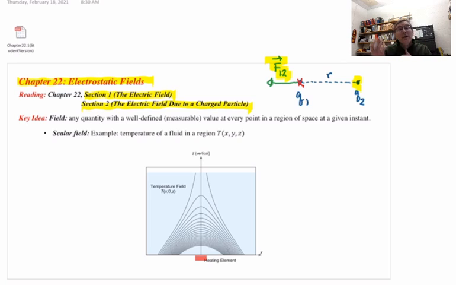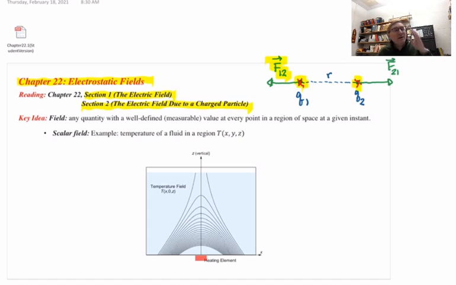And of course, it goes the other way too. Particle 1, by virtue of it having charge, creates an electrostatic field in all of space around it, including at the location where particle 2 happens to be. And particle 2, therefore, is immersed in the electrostatic field of particle 1, and it's that electrostatic field of particle 1 that would exert an electrostatic force on particle 2, which we would label F21.